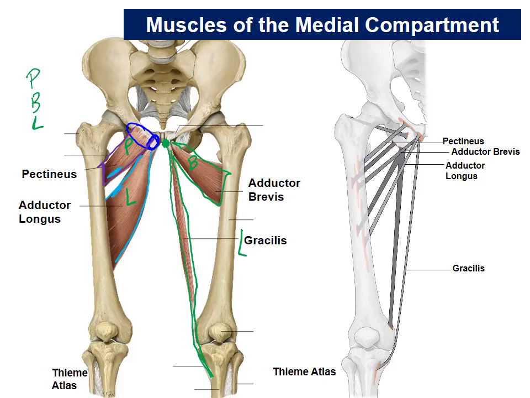That would be gracilis, can act at the knee. Directly, anyways. Can the brevis? Nope. Can the longus? Nope. Can the pectineus? Nope. And then we'll see that the magnus is also unable to. And we'll see the magnus over this side in the dark gray, but we'll see that more in a second.